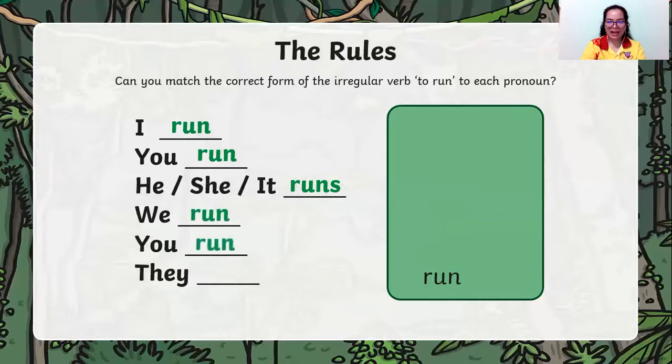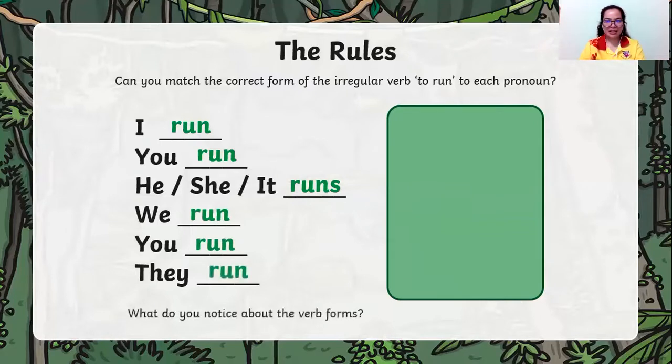You run. They run. Have you observed this? Take a look carefully. For you, we, you, and they, our verb run doesn't have an S.